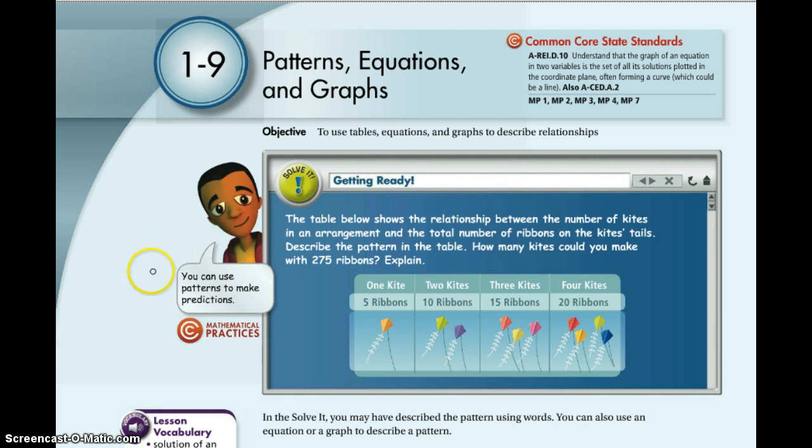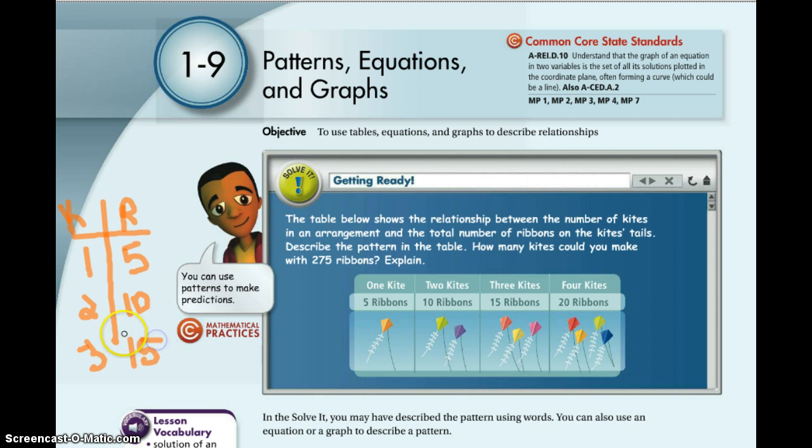If I just look at the numbers, I can generate this type of situation. This is the number of kites, which I'll label with a K, and this is the number of ribbons, which I'll label with an R. Then we can organize our information: 1 kite, 5 ribbons; 2 kites, 10 ribbons; 3 kites, 15 ribbons.